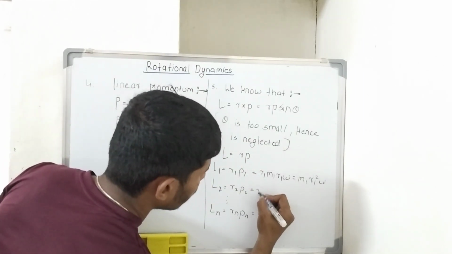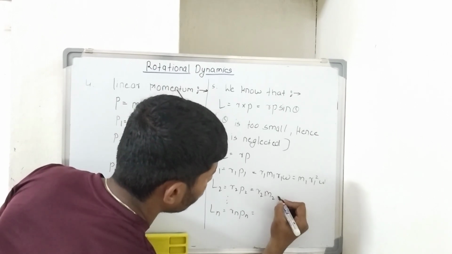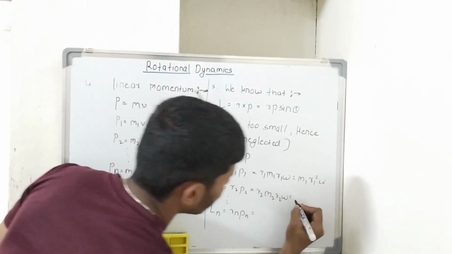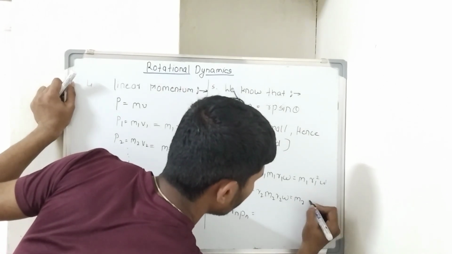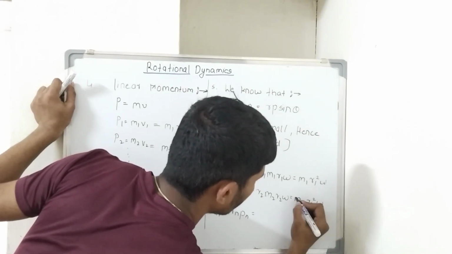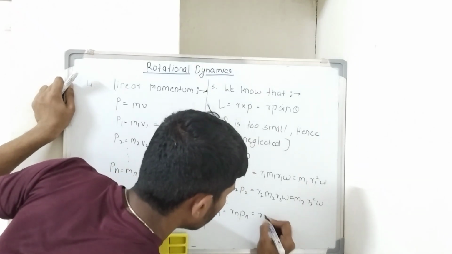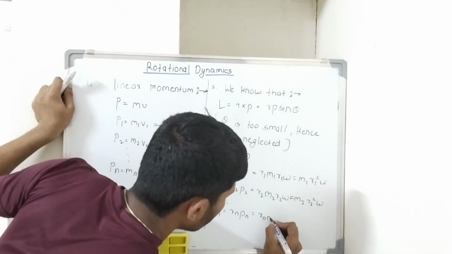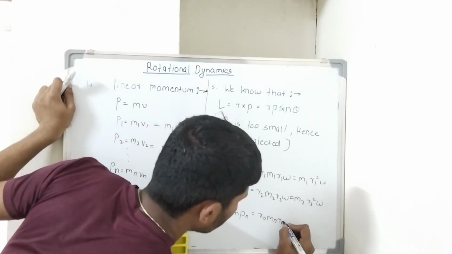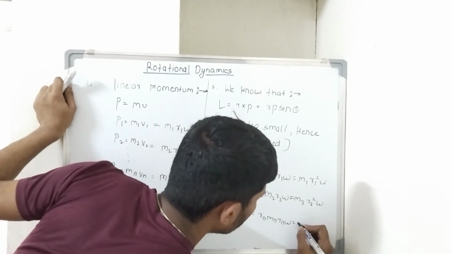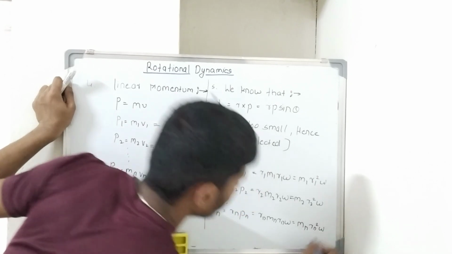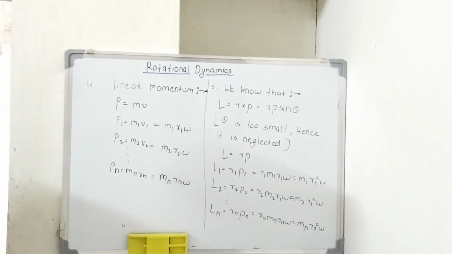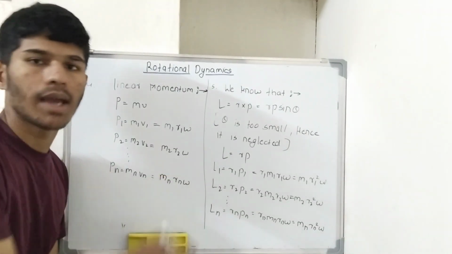Similarly, for R2, M2 R2 omega becomes M2 R2 square omega. And similarly for Rn, Mn Rn omega becomes Mn Rn square omega. This is that. आपको समझ में आ ही गया होगा.